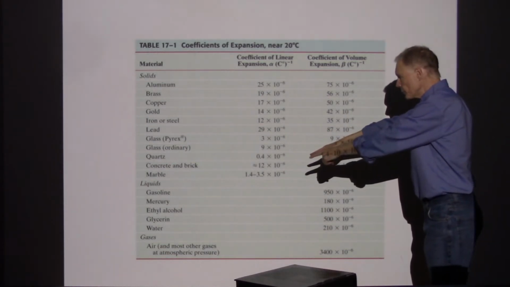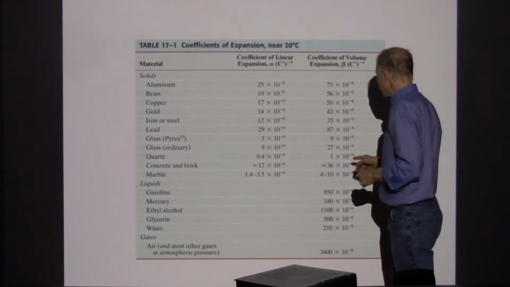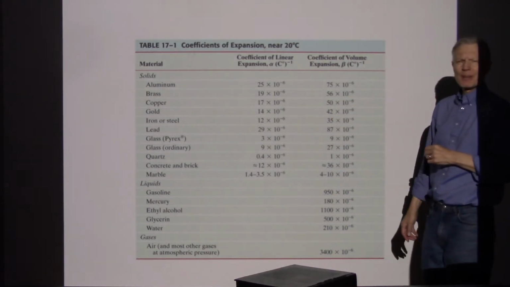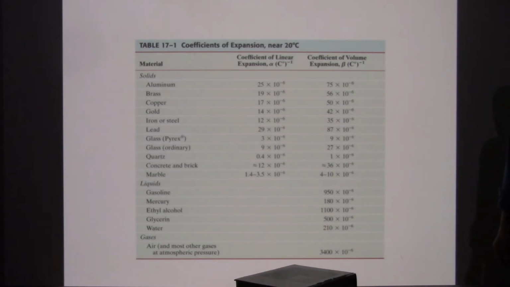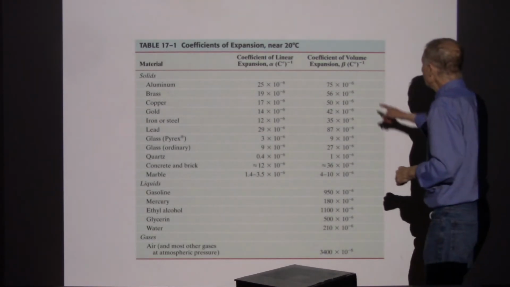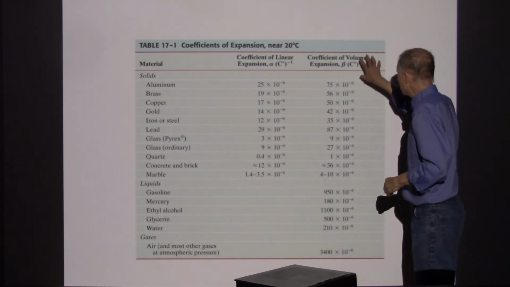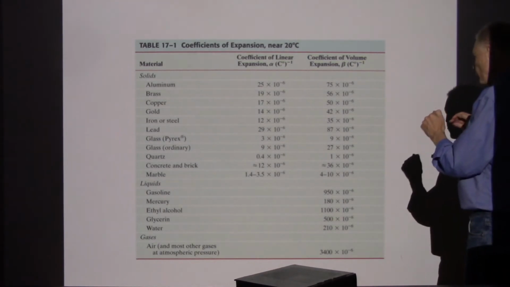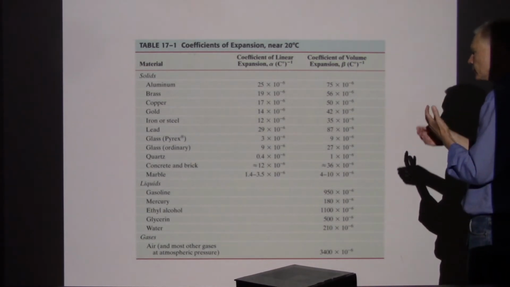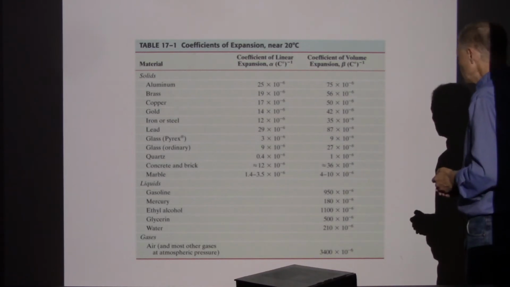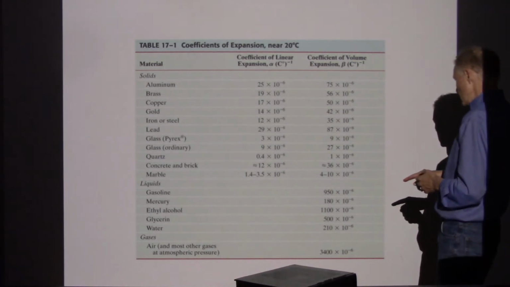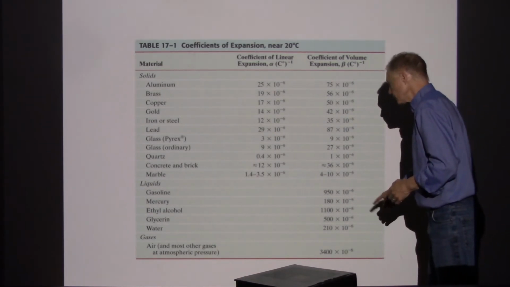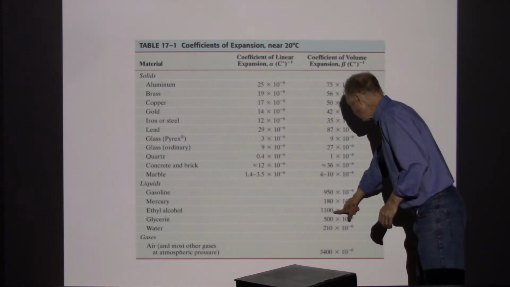Okay, and we can think of that as 1% in each of the 3 dimensions. Now for liquids, this is interesting too. For liquids, the one-dimensional expansion doesn't make sense because it doesn't have a definite shape. But for liquids, we can definitely have a volume expansion. So for liquids, that's kind of what we're left with. If you look at those numbers for the liquids, gasoline, alcohol, water, let's look at ethanol, for example.